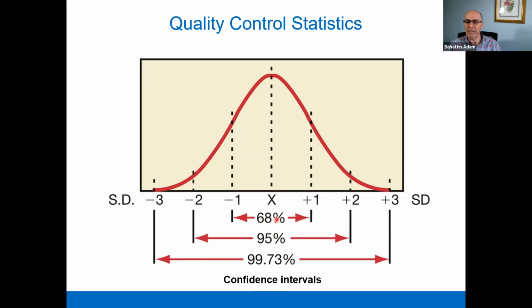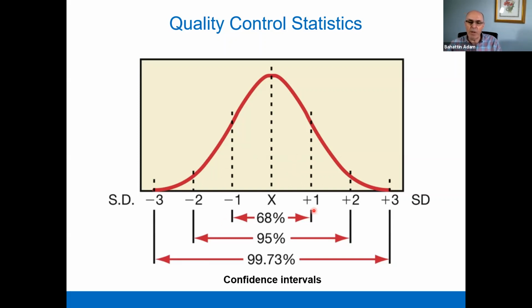What does that mean? 68% of your data will fall in this range. About 32% will be out of your range.